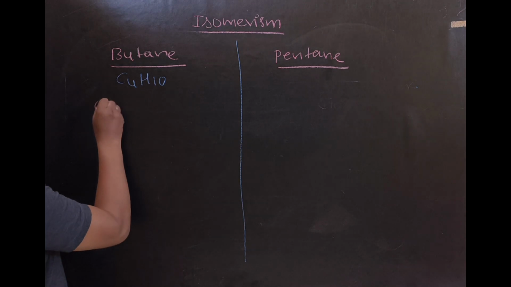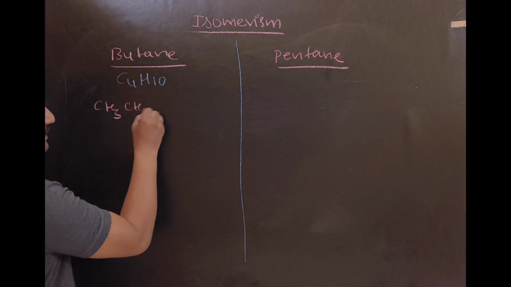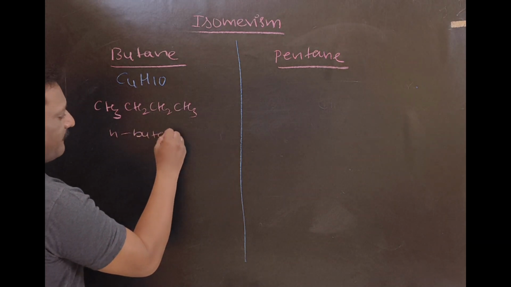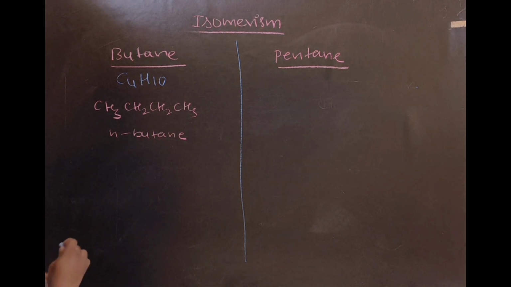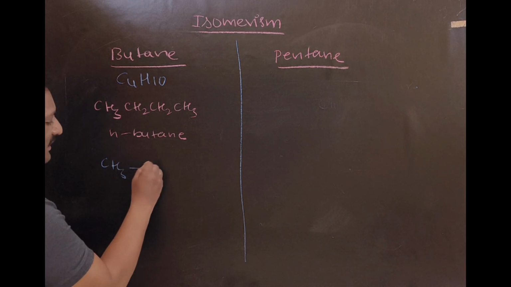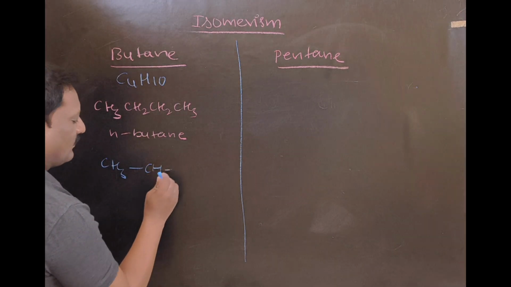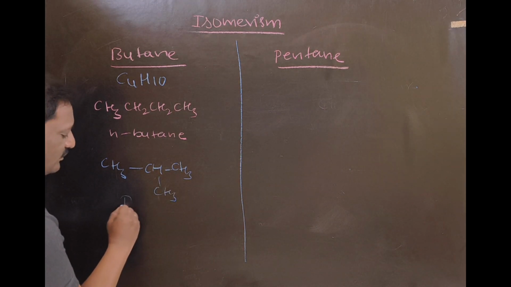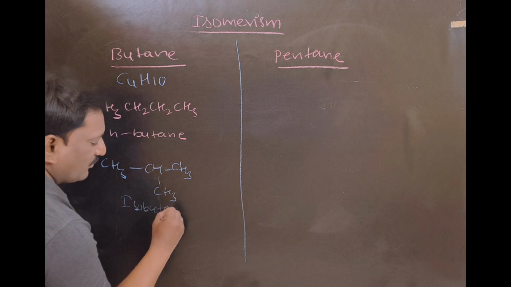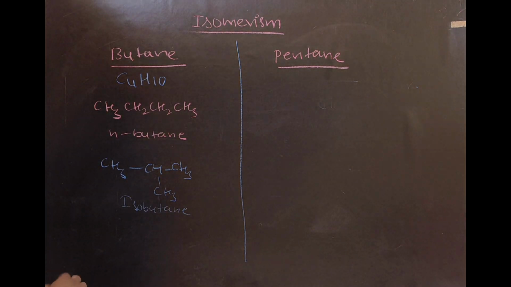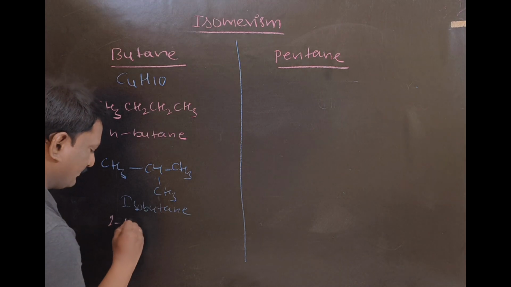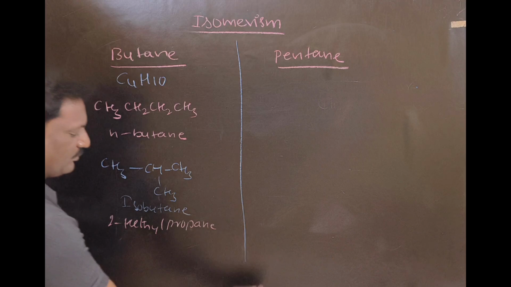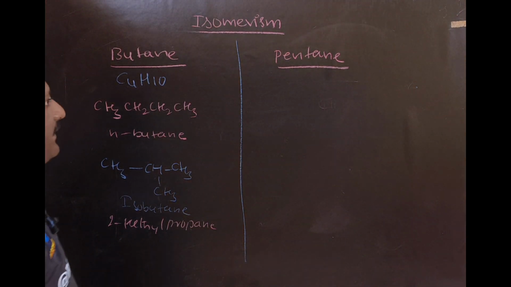One is n-butane, CH3CH2CH2CH3. And the second one is isobutane, CH3CH(CH3)CH3. Isobutane is also called 2-methylpropane.